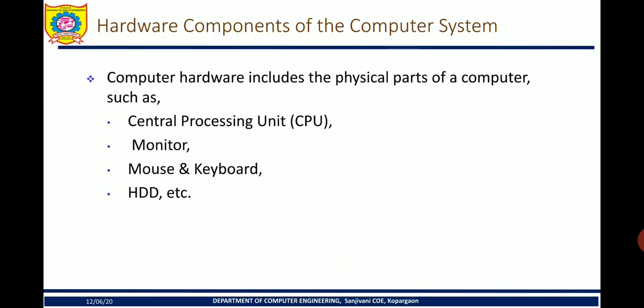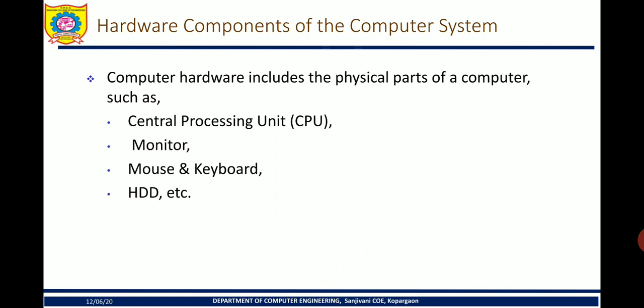So what is a computer, or what is a component of a computer system? The computer hardware includes some physical parts which combinedly work as a computer. So which are those hardware parts? We know that there is a central processing unit, or in short form, a processor.